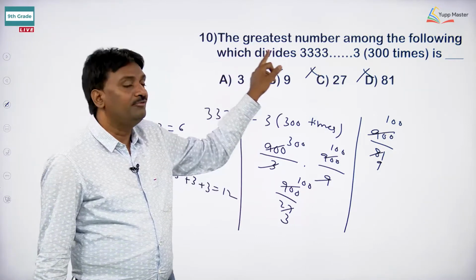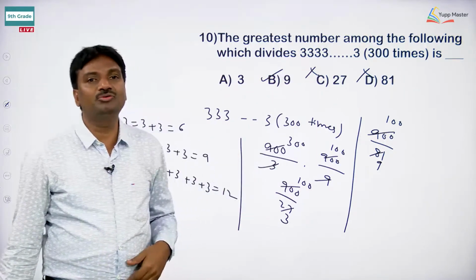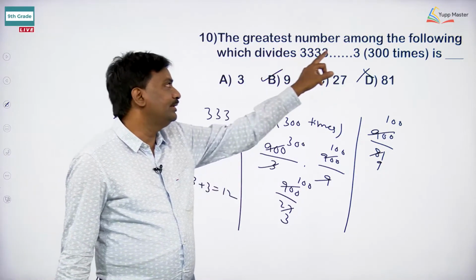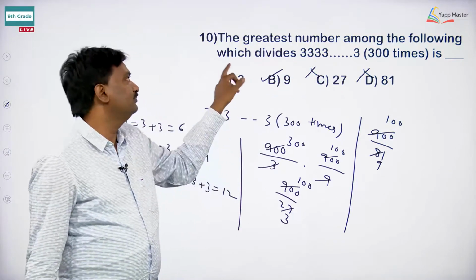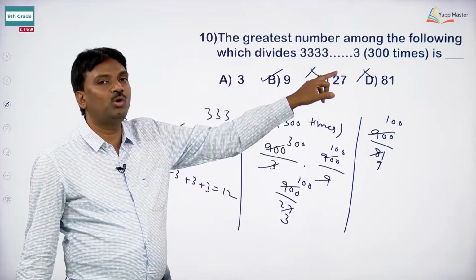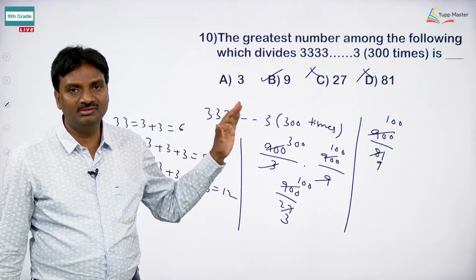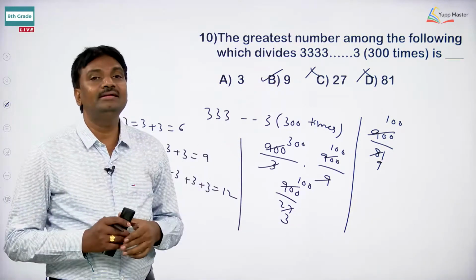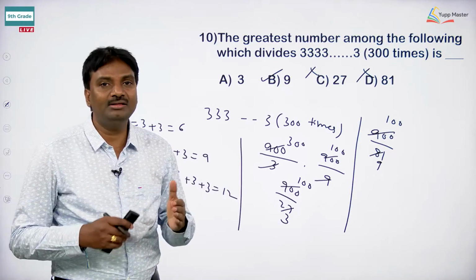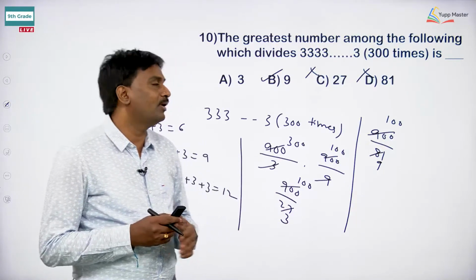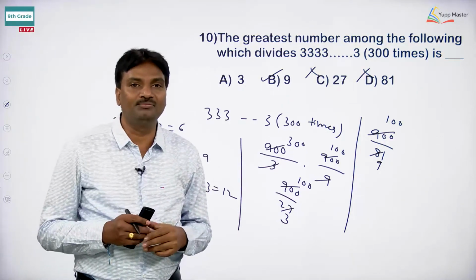So with respect to the problem, we have to take the greatest number among the following which divide 3333 so on 300 times, that is 9 only. So the correct option for the given problem is option B only, that is 9.